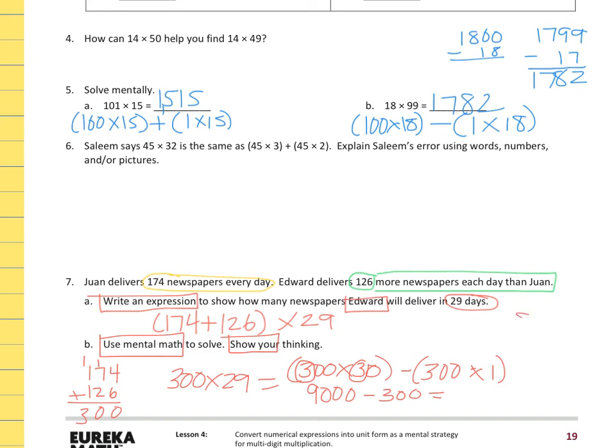So I'm going to take 1 away from 9,000. That's going to give me 8,999. And I'm going to take away 1 from 300, that's going to give me 299. And so now I can quickly subtract without borrowing: 0, 0, 7, 8. And so I have 8,700 as my final answer using mental math.